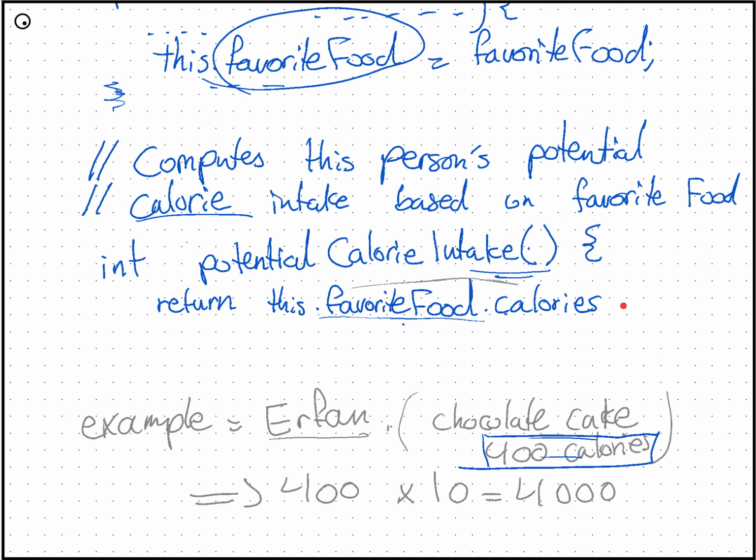And then what do we do? And then we multiply it by 10. Exactly. We'll multiply it by 10, and we close the parentheses because the function is done. All right, does this make sense so far? Yes, it makes sense.